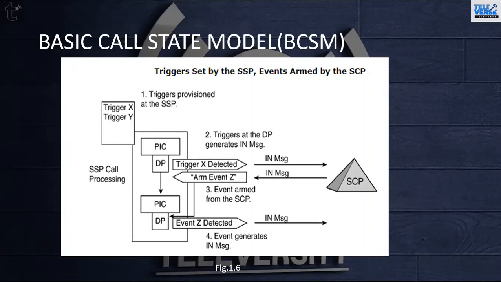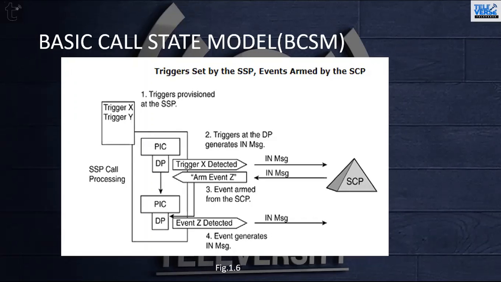Then the SCP sends back an ADP after the TDP, which is triggered to the SCP. The SCP now sends an event detection, like it arms a message that, okay, SSP, whatever event you encounter during the call, please notify me. So number three, event armed from the SCP.